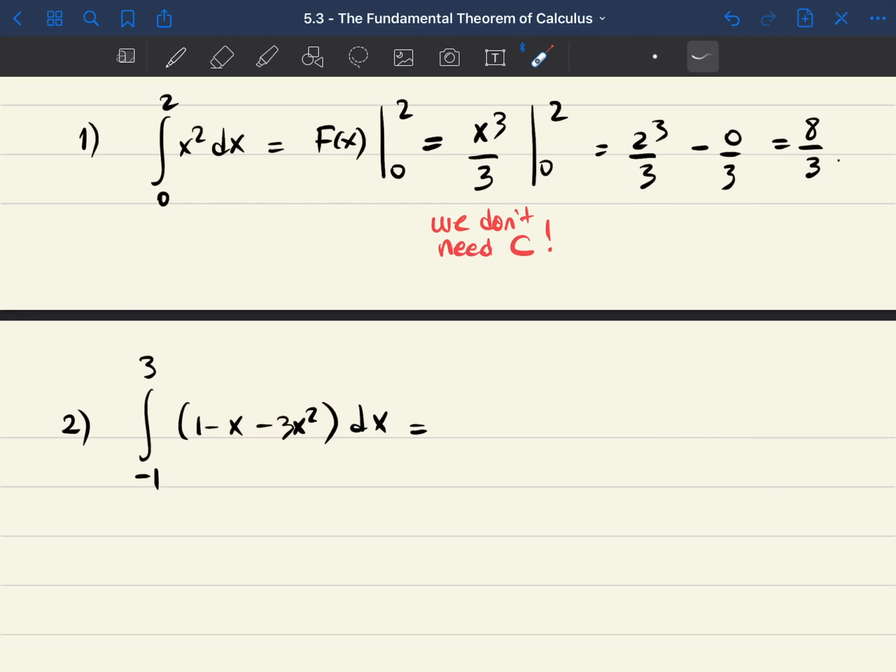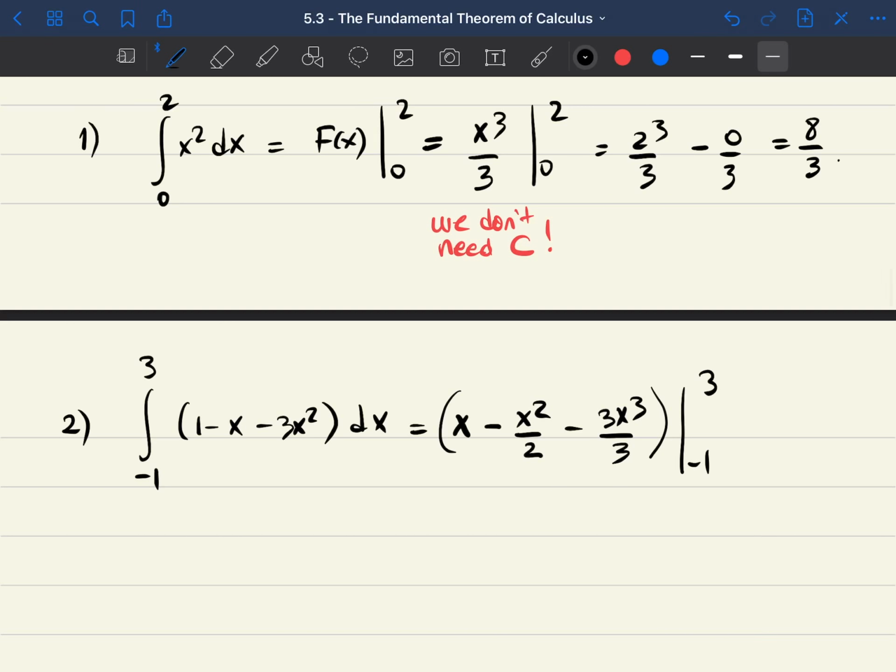So you can do now x minus x squared over 2 minus 3x cubed over 3, right? That's the antiderivative of this function. And now you have to evaluate this at -1 and 3 and then find the difference.